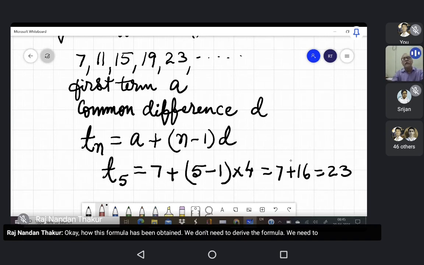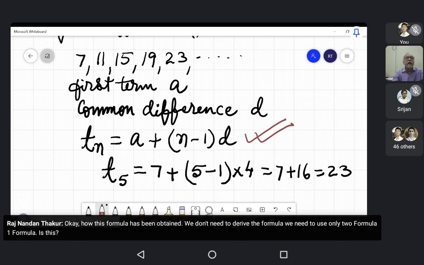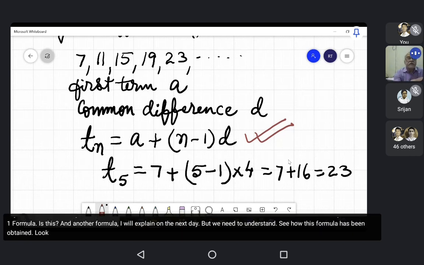We need to use only two formulas. One formula is this, and another formula I will explain on the next day. But we need to understand how this formula has been obtained. Look at the process.